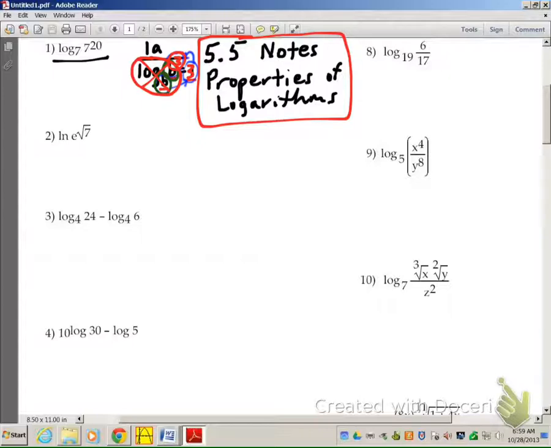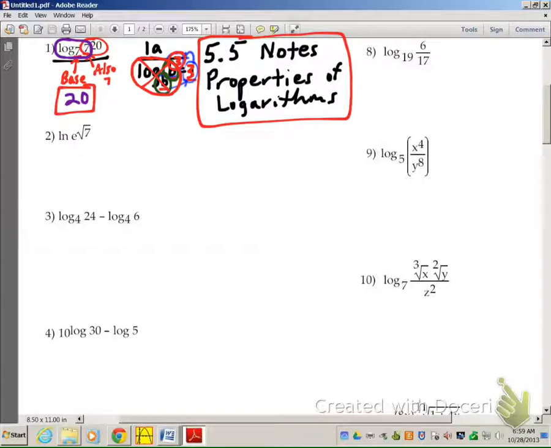So all of that being said, let's look at number 1. The base is 7. Well, guess what? The base in the argument is also 7. So therefore, the log base 7 of 7 to the anything is just the anything. So 20 is the value of that log.